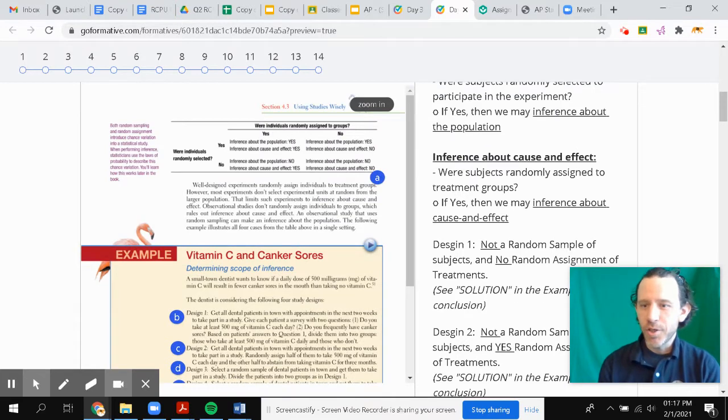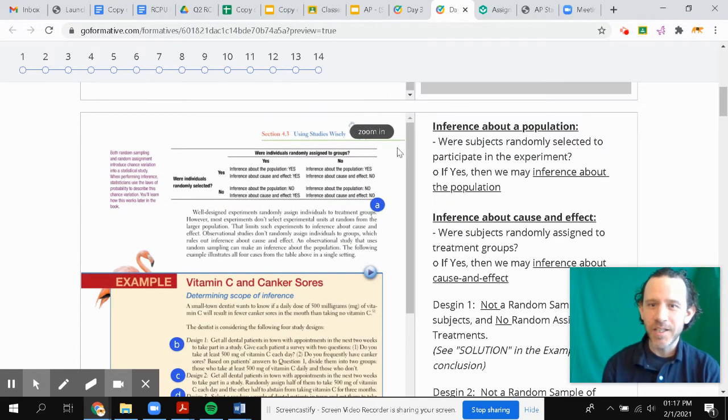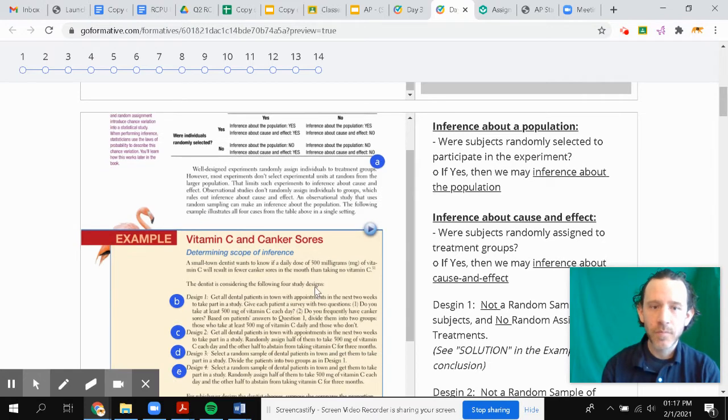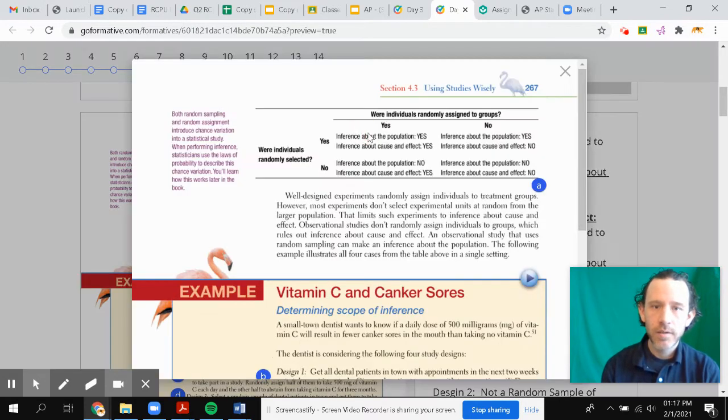If you don't want to use that chart, that's fine. It's okay to just look at it in terms of: do we have a random sample? Then we can talk about the population with our conclusion. Do we have random assignment of treatments? Then we can say cause and effect. So we're going to look at these designs here.